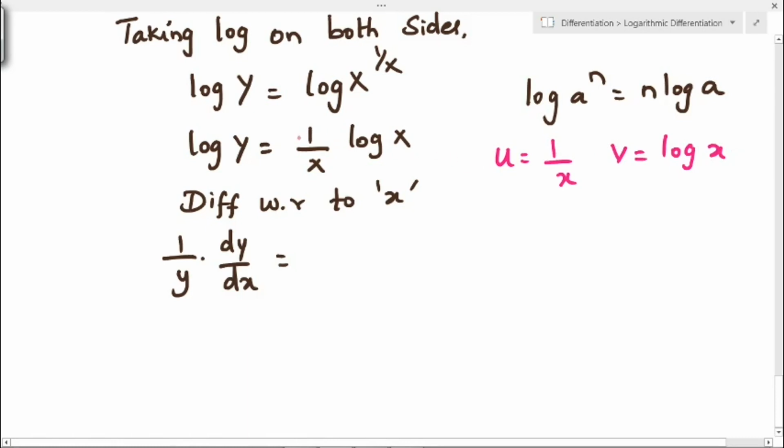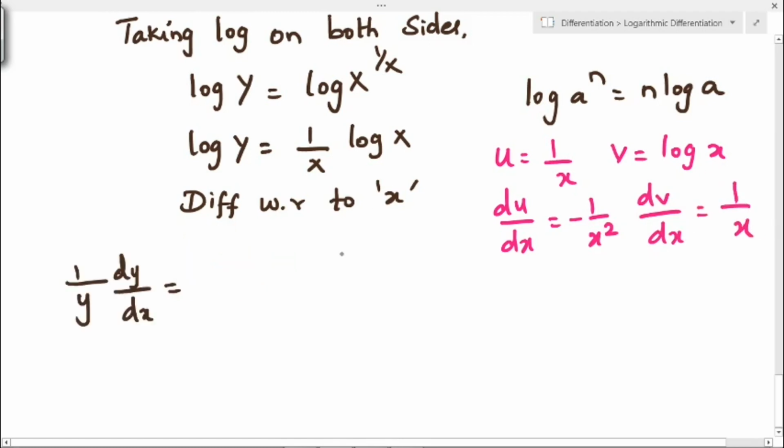First term differentiation, du by dx equal to minus 1 by x square, and dv by dx, that is log x differentiation, is 1 by x.